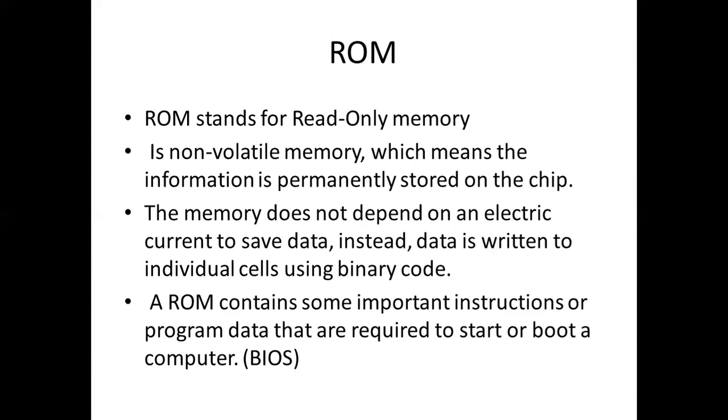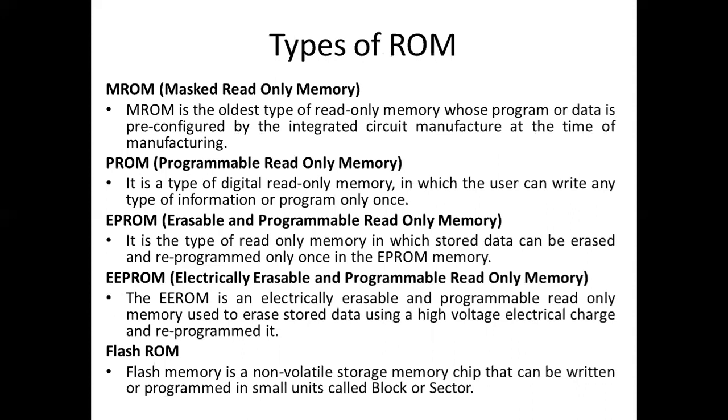Great. So we have spoken about ROM. ROM also has its own types, just like RAM. We have 5 types of ROM. The first one is called MROM, masked read only memory.